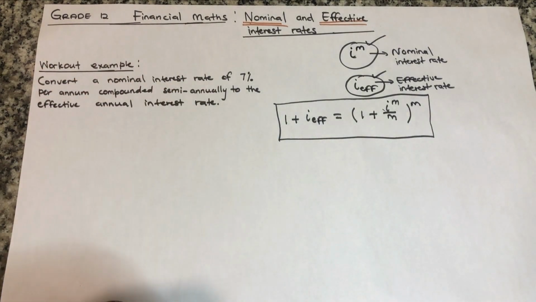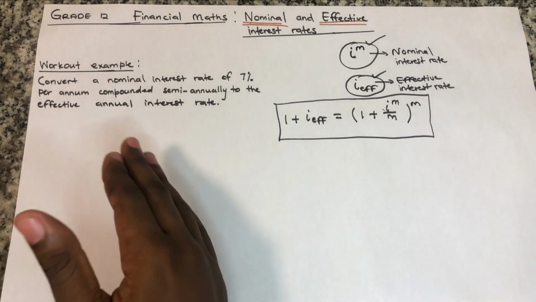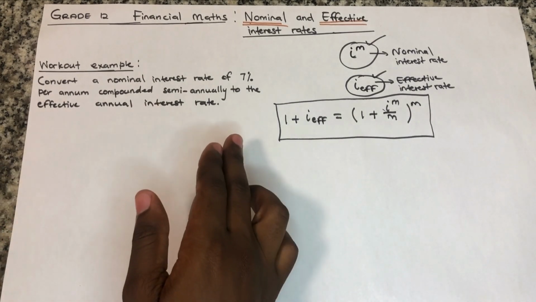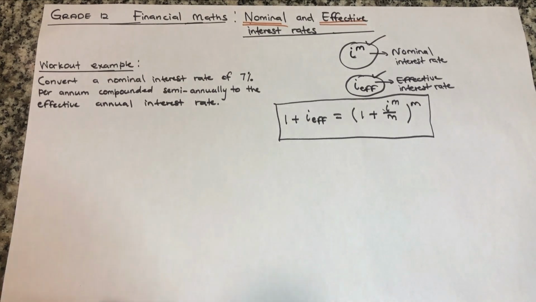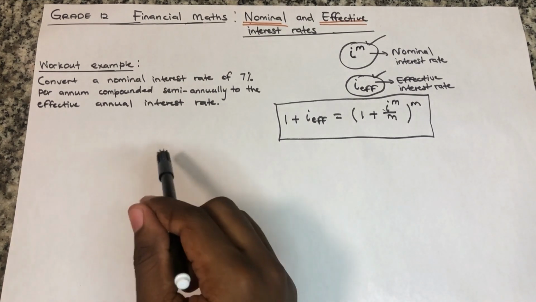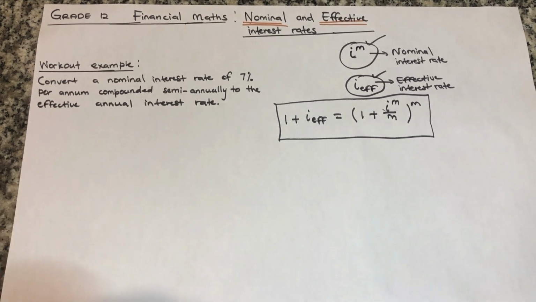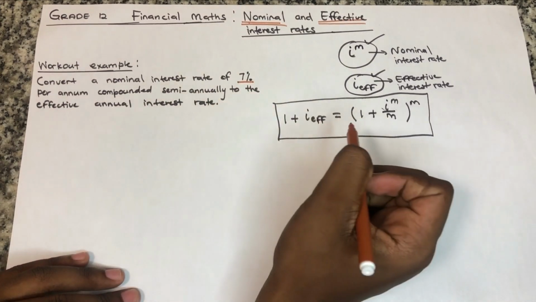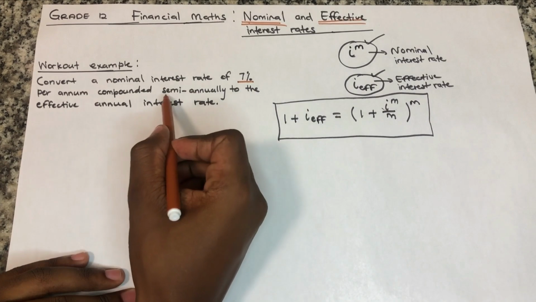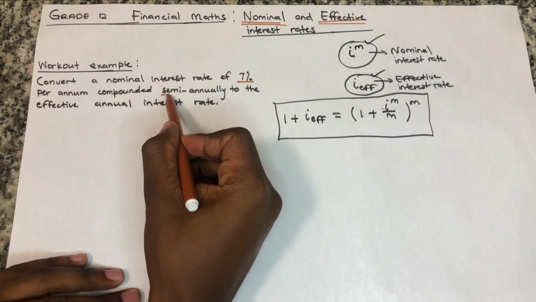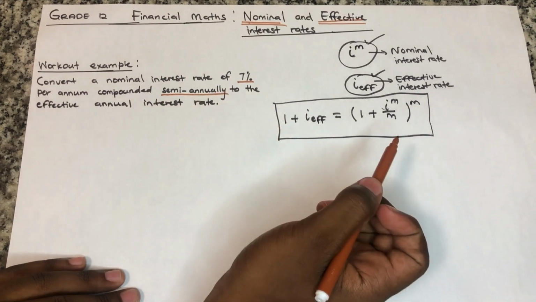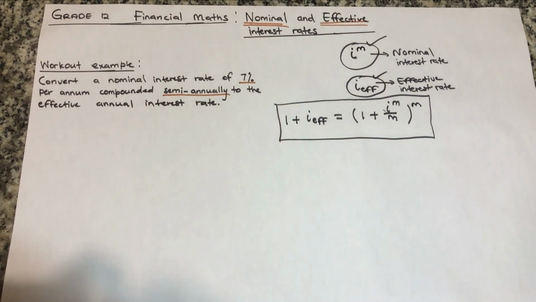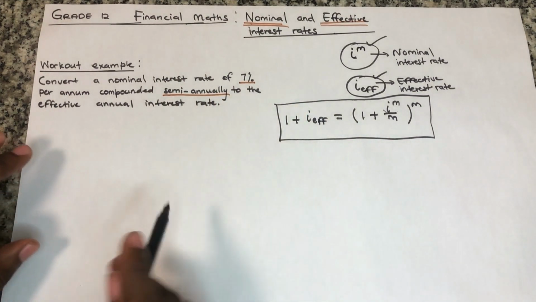The worked example says: convert a nominal interest rate of 7% per annum compounded semi-annually to the effective interest rate. In this case, the nominal interest rate is stated as 7% per annum compounded semi-annually. All right, let's calculate that one.